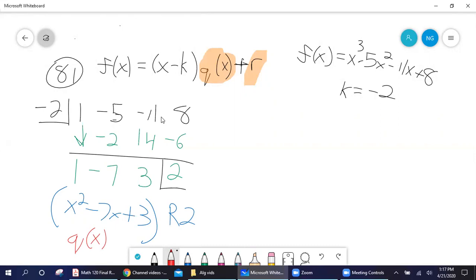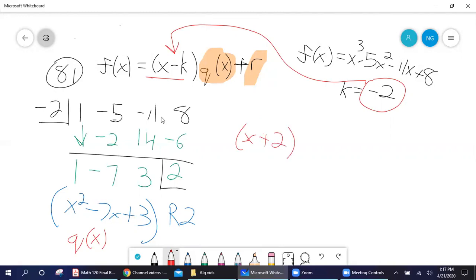Negative 2 is going to go in for k, but realize that it's x minus negative 2. So to write this function in the form that they want, the x minus k is going to be x plus 2. The quotient was the x squared minus 7x plus 3. The remainder was 2.